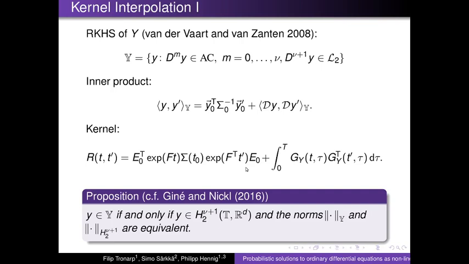And so, essentially, the class of priors that we're looking at here are not very different from the nu-times integrated Wiener process. And we know that this is equivalent in RKHS to a Sobolev space of order nu plus 1. And so it's the same here.